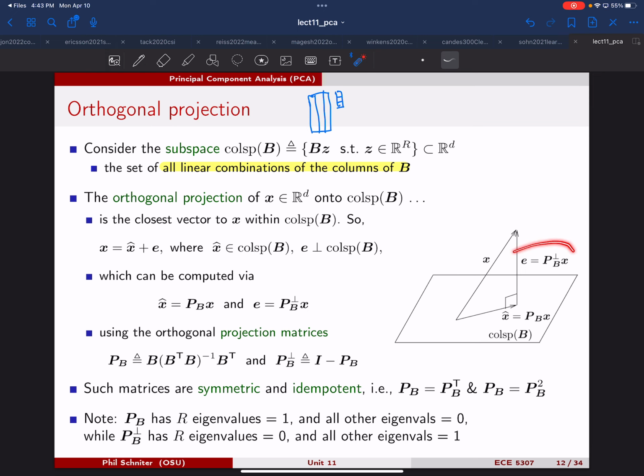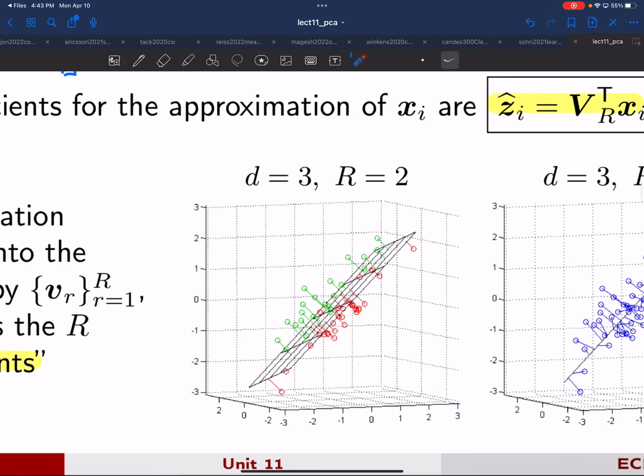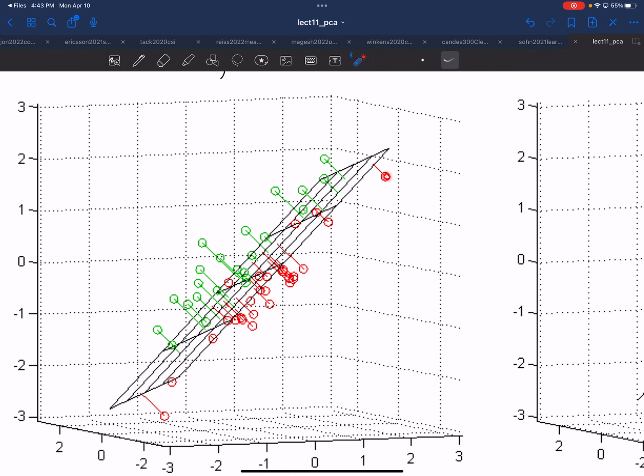PB perp is the error, right? So essentially over here, if I have this point and I multiply this by PB perp, I get a vector. It's at the origin, but basically if this is the origin, then that vector is like that. I get the approximation error for that particular sample. If I do this to this, I get its approximation error. So it just gives me the approximation error.